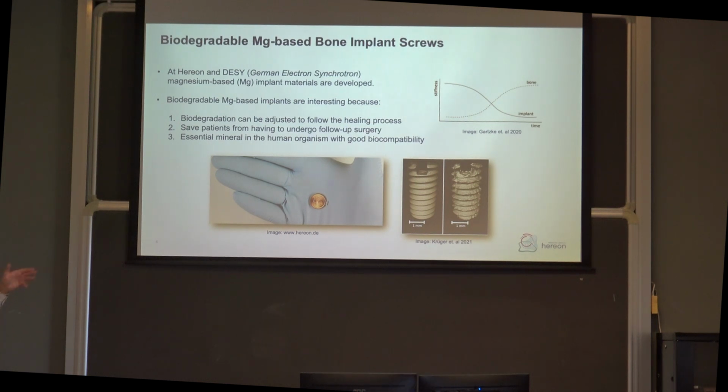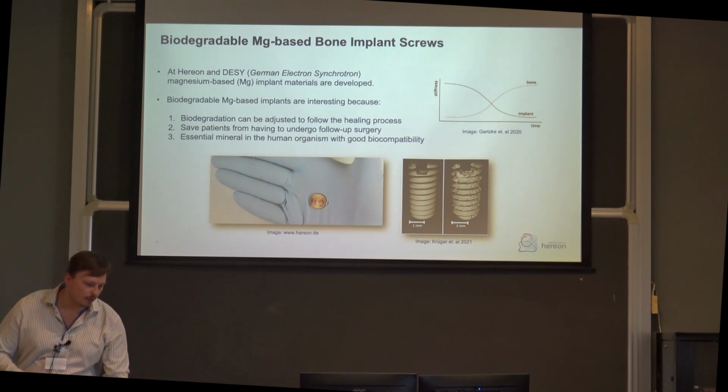So the corrosion rate can be modified by selecting different alloys to align with the bone healing period. When the fracture is healing, the material is decreasing in its load-carrying capacity, thus supporting the natural rehabilitation of the human bone.